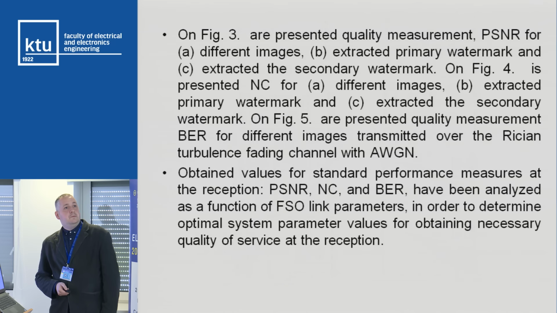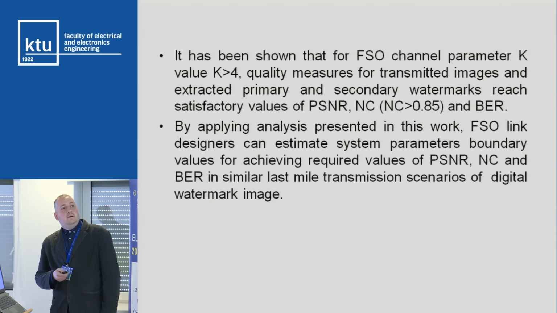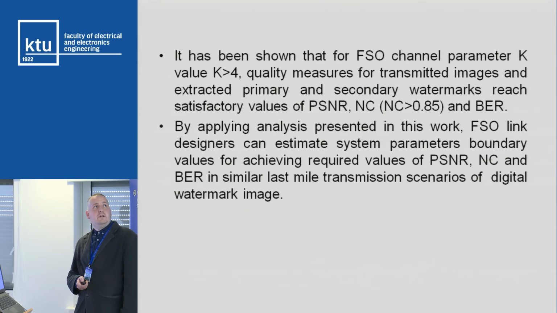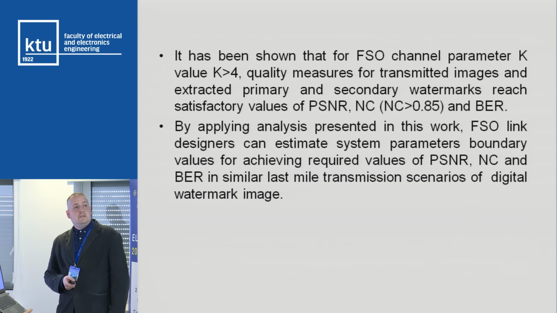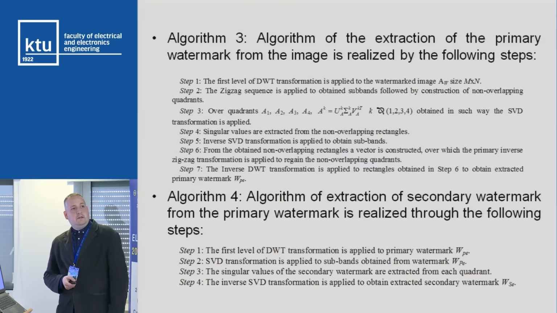If we want to have, I don't know, normalized correlation higher than 0.85 and peak SNR values, we have concluded here that the K parameter should have a value higher than 4 decibels, and here it is defined.